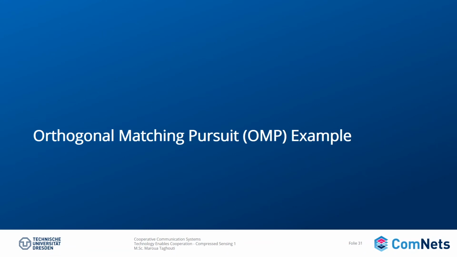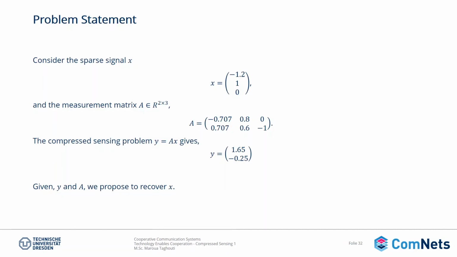Okay, so now we finally move to this nice example that shows how the orthogonal matching pursuit works. Here we have a signal X that is sparse, composed of these elements, and we have this random measurement matrix A of dimension 2 by 3, with these components.